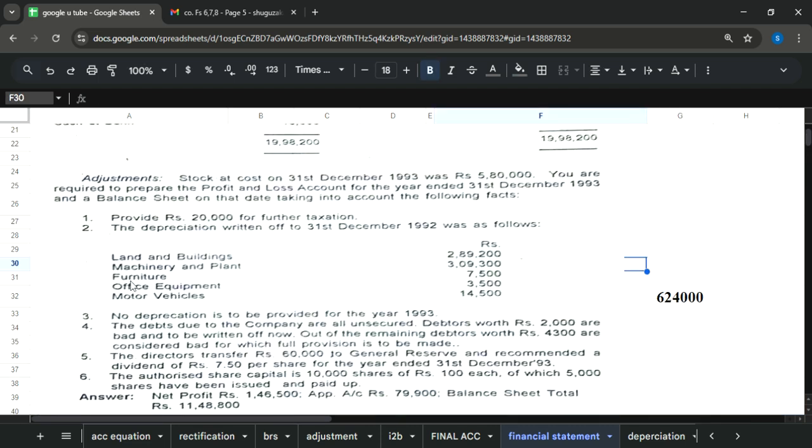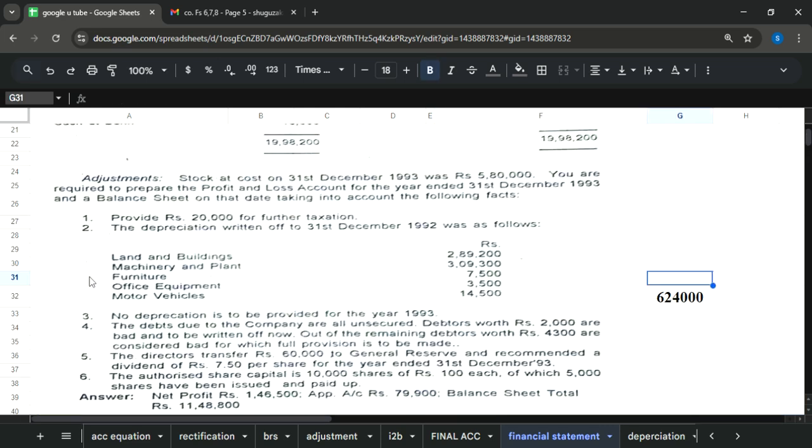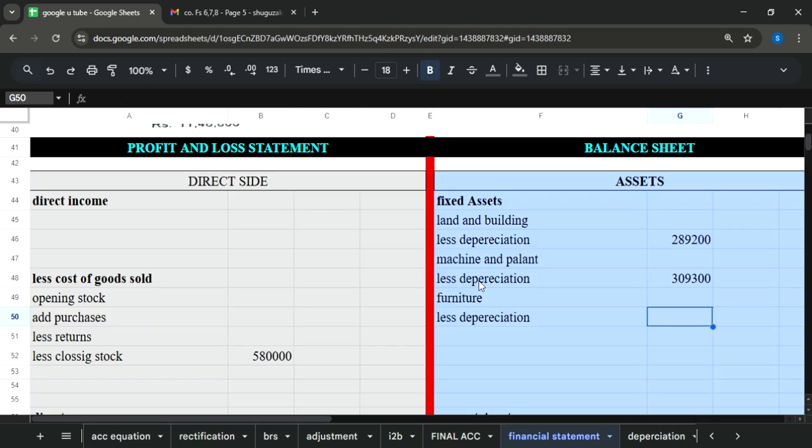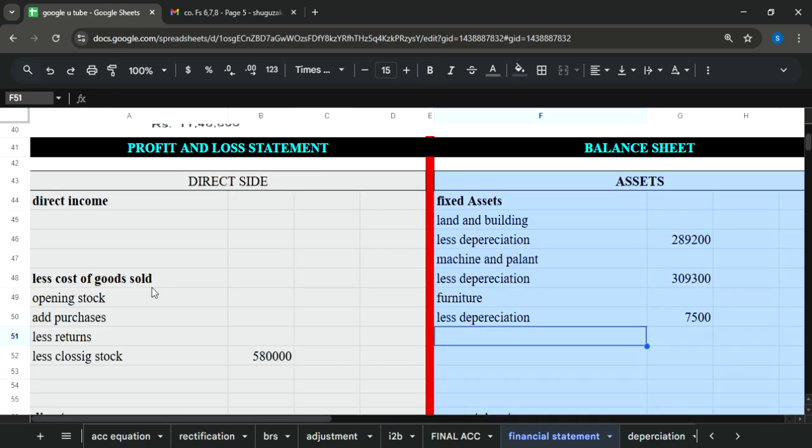After that we have furniture. Write down, and subtract its depreciation as well. Furniture depreciation is 7,500. Just put over here. After furniture, we have office equipment. So just write down office equipment and subtract its depreciation.